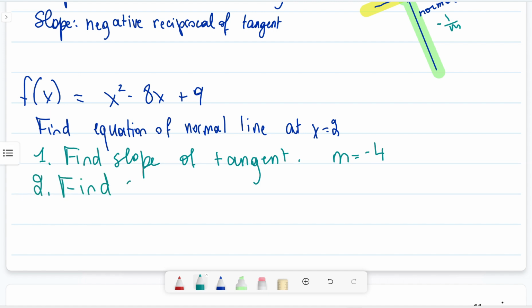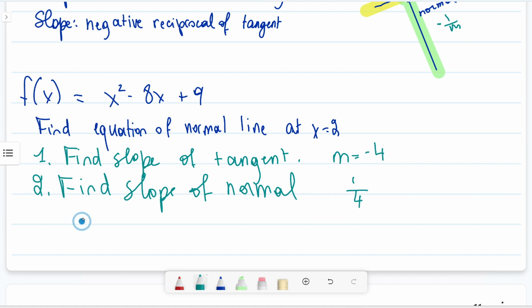Step 2 is find the slope of the normal. What is the slope of the normal? It's the negative reciprocal. First, the negative of -4 is +4, and then the reciprocal of 4 is 1 over 4. So this is the slope of the normal.